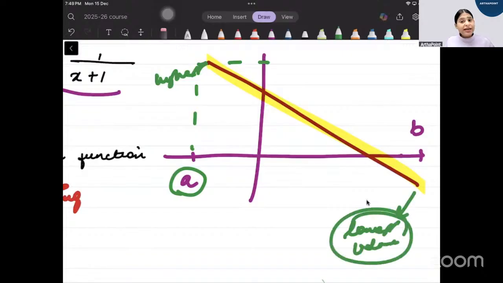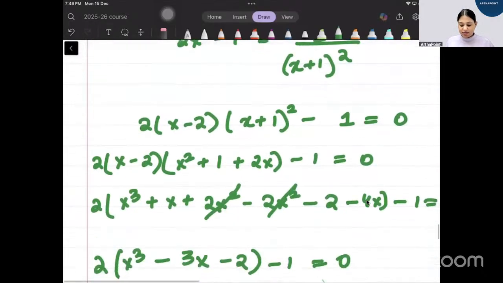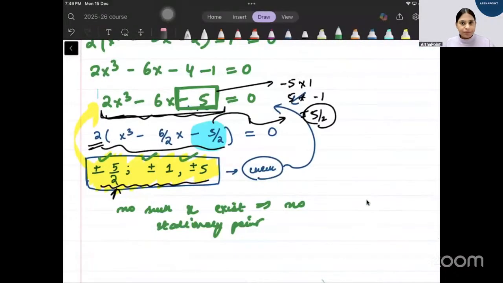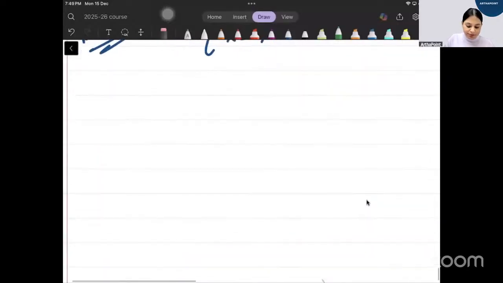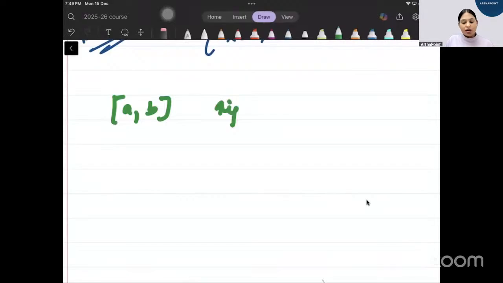So sometimes you don't even have to factorize. You don't need to do all this. You look at the properties of the function. If the function is strictly increasing or strictly decreasing, then also you can use it. If it is strictly increasing in the space a to b, then at b it will have maxima and at a it will have minima.